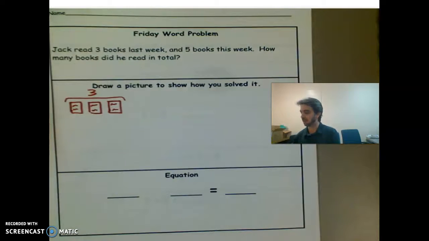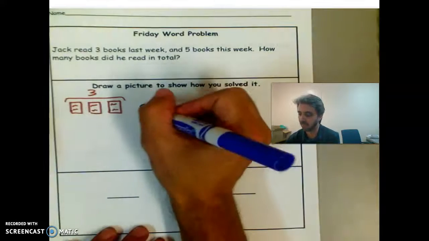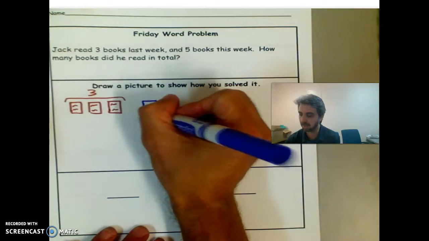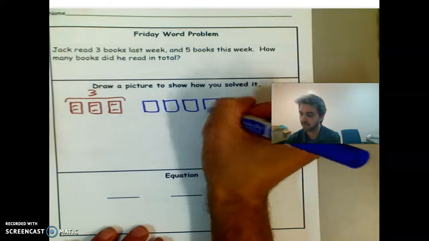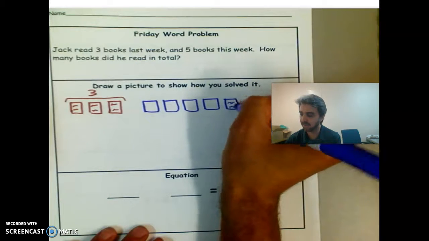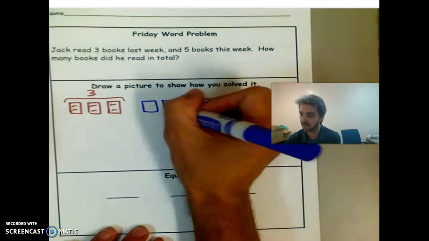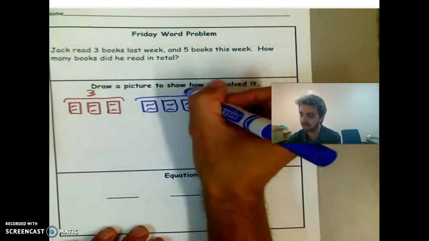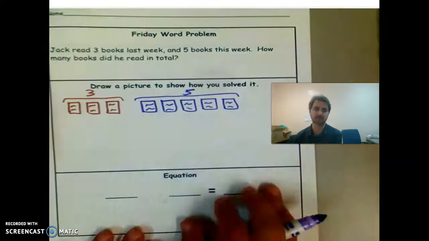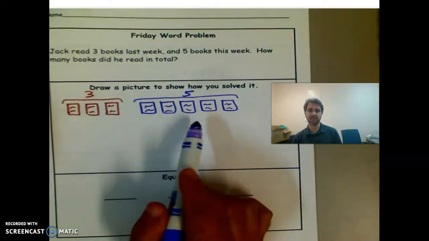Then I'm going to draw 5 more books. 1, 2, 3, 4, 5. Little squiggles make it look more like a book. And we know that this is 5. So we have 3 books and 5 books.